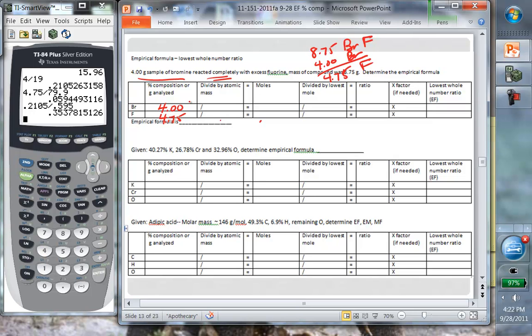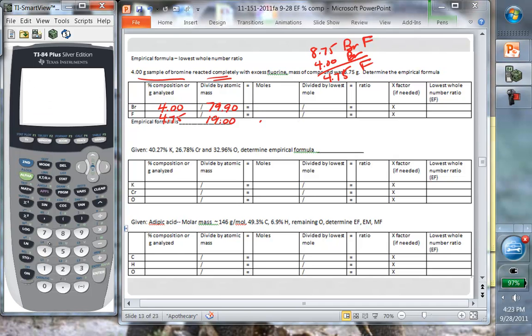We are going to turn those grams into moles by dividing by the molar mass. The molar mass for bromine is 79.90, and for fluorine it is 19.00. And I'm getting these molar masses from the textbook.